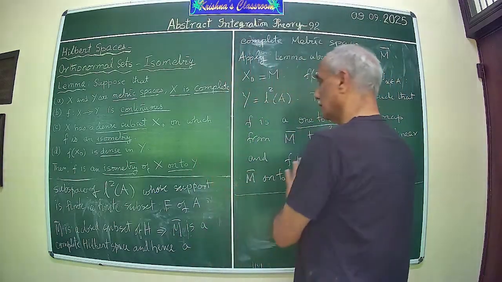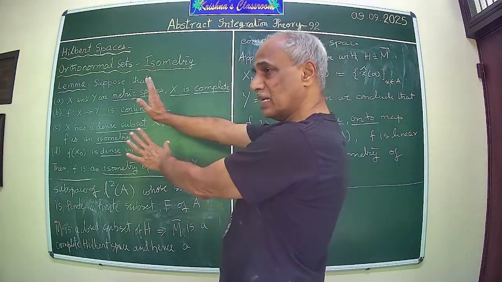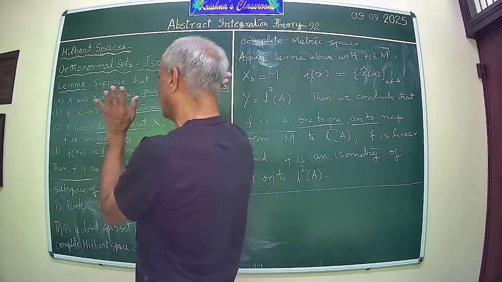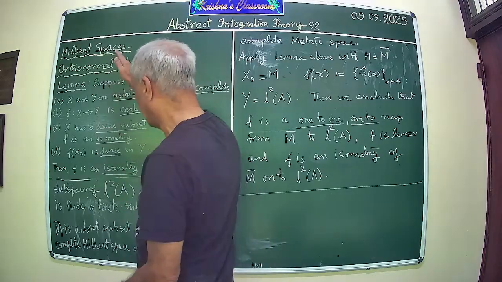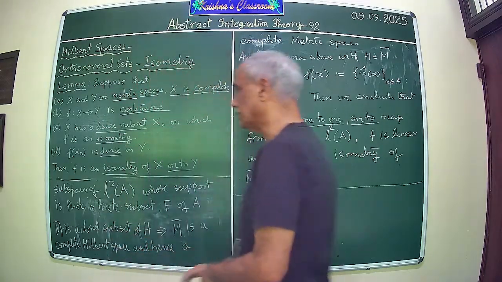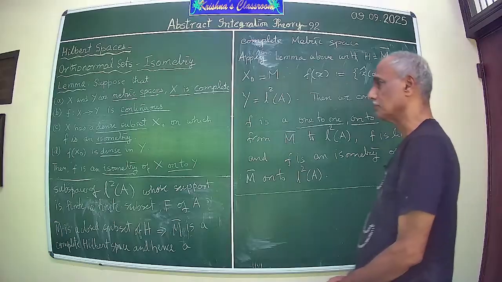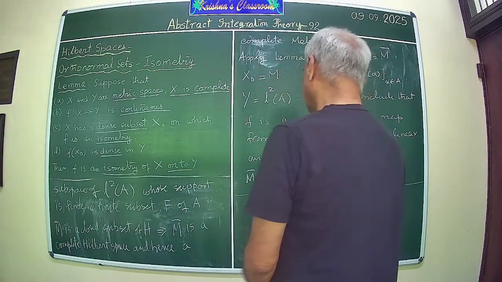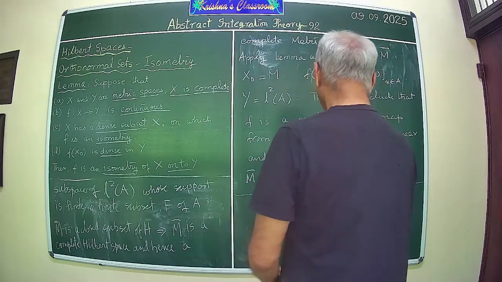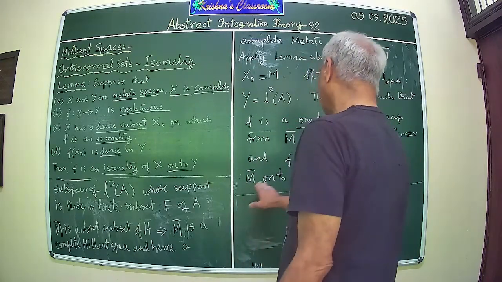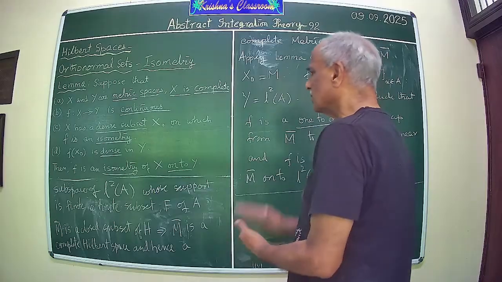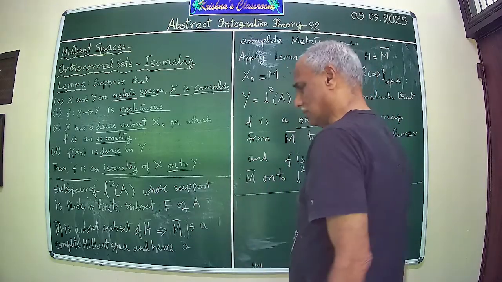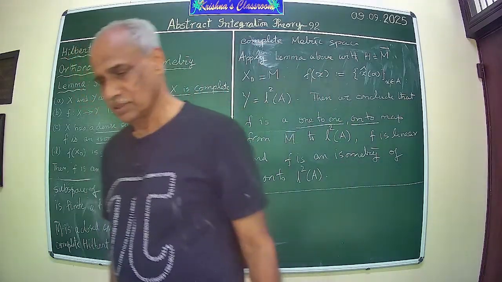And then, in a far more general context, because here we are not assuming x and y are linear spaces. We just assume a set of conditions on F. And then from that you conclude F is an isometry of x onto y. So here we conclude that F is an isometry of enclosure onto L. This is what we wanted to conclude. And this F that we have defined is naturally a linear map. Okay, thank you very much.